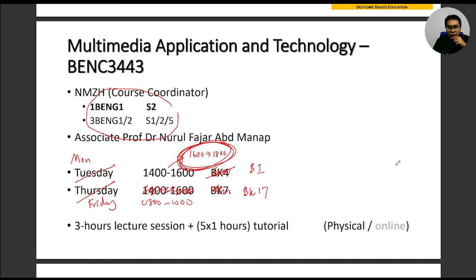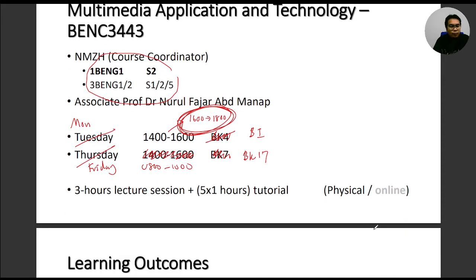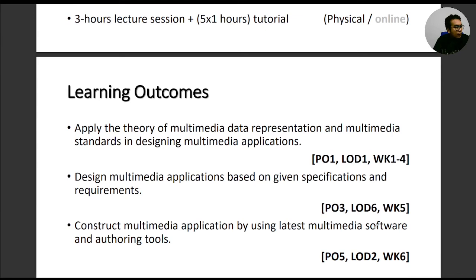Not to mention that all the lecture sessions in this semester will be offline, physically, but we will have some sessions online if some cases or events occur on our side and the student side, or if we have other urgency such as PKP4, depending on the Perintah Kawalan Pergerakan.